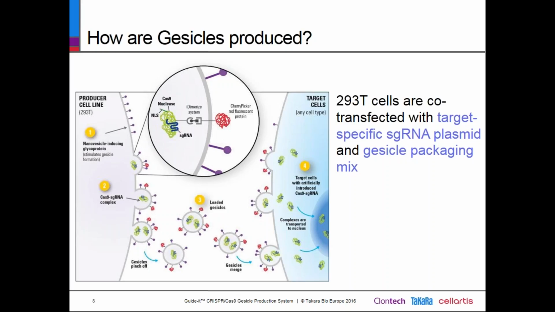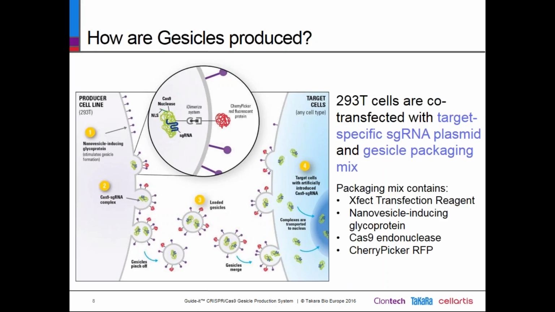You will use a so-called producer cell line, which is based on 293T cells, and you will do a big co-transfection of these producer cells. You will co-transfect your target-specific guide RNA plasmid together with a so-called Gesicle packaging mix, which is provided in our kit.